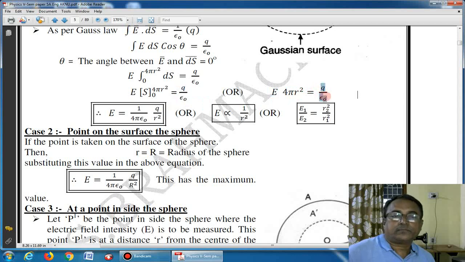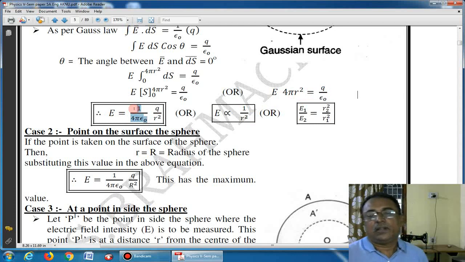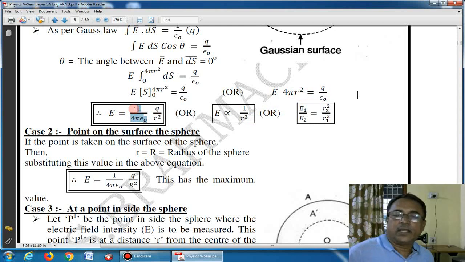Then bring the 4 pi value and r square value to the right hand side from the left hand side. Then E will become 1 by 4 pi epsilon naught. This 1 by 4 pi epsilon naught is also known for us while explaining electric field intensity and Coulomb's law also.